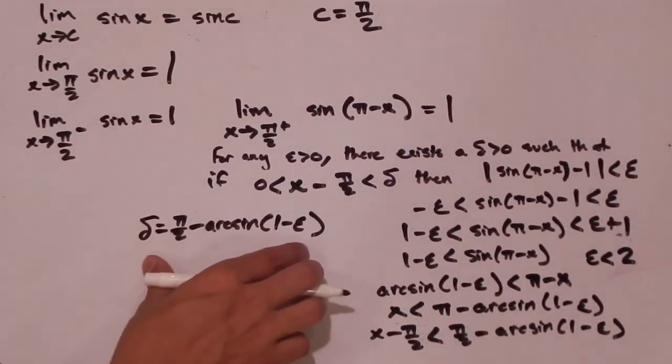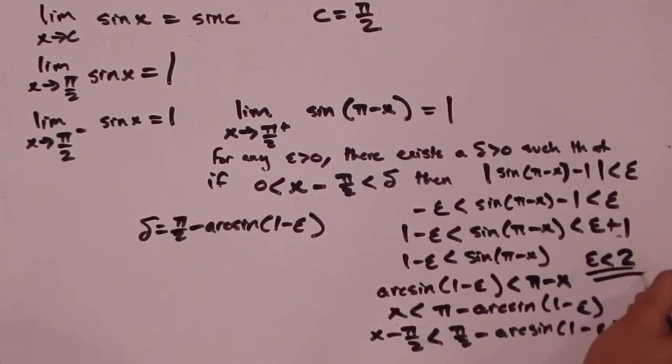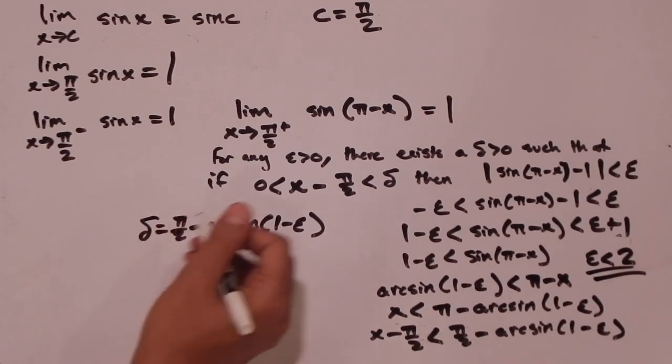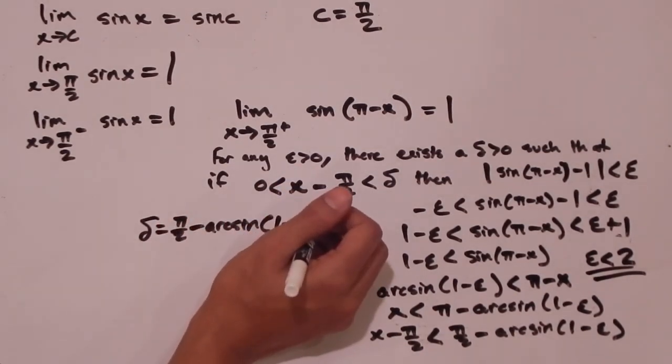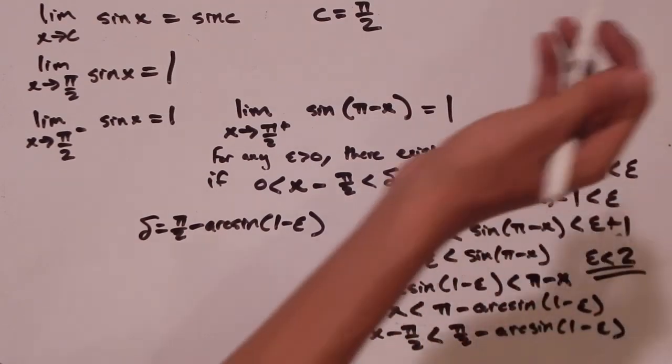So effectively, we've found a delta for any epsilon greater than 0 but less than 2, such that when 0 is less than x minus pi over 2 is less than delta, then the absolute value of sine of pi minus x minus 1 is less than epsilon.